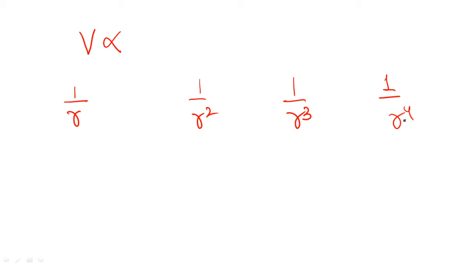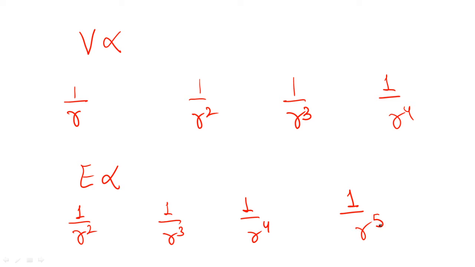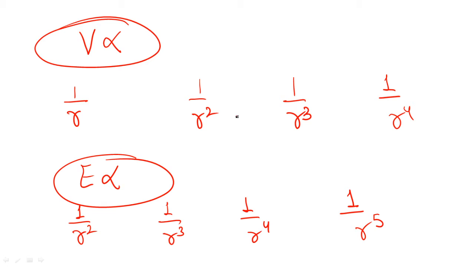Also, they can ask how the electric field is proportional or inversely proportional to r, again with options like 1 upon r square, 1 upon r cube, or similar. Clear? Now the point is, to solve any such question, what steps do you have to take to find out whether it is the potential or the electric field, how it depends on the distance or the value of r?